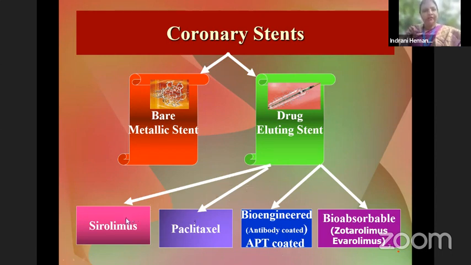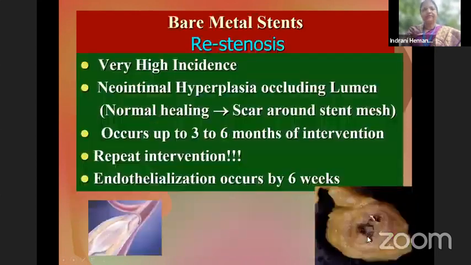Sirolimus is a naturally occurring immunosuppressive cytostatic agent. Paclitaxel is an anti-proliferative cytotoxic agent. We also have bioengineered stents, which are antibody coated or even antiplatelet coated. And of course, we have a bioabsorbable stent, which are the second generation stents having zotarolimus and everolimus.